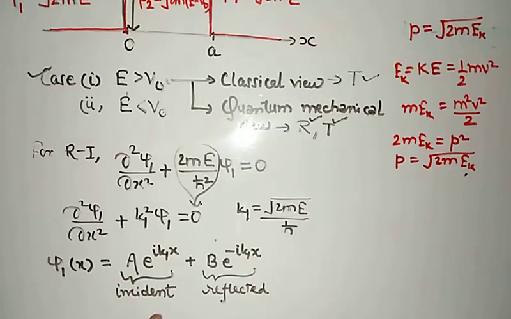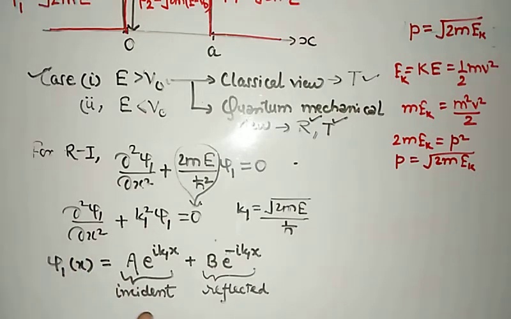After reflection the amplitude changes, therefore the amplitudes are different, A and B. This exponential term is positive x-axis, that is, the incident waves are moving towards the positive x-axis, while here minus x, that is the reflected wave, will move towards the negative x-axis. Also we have taken momentum p1, which tends to k1. Okay, so we have shown this solution.